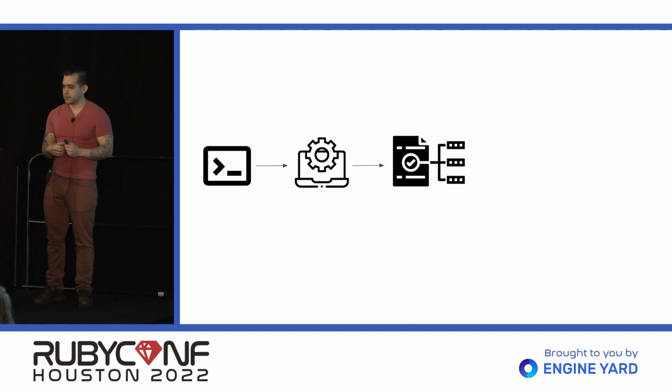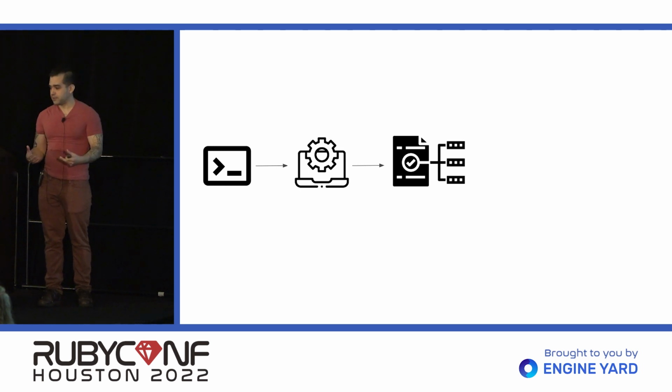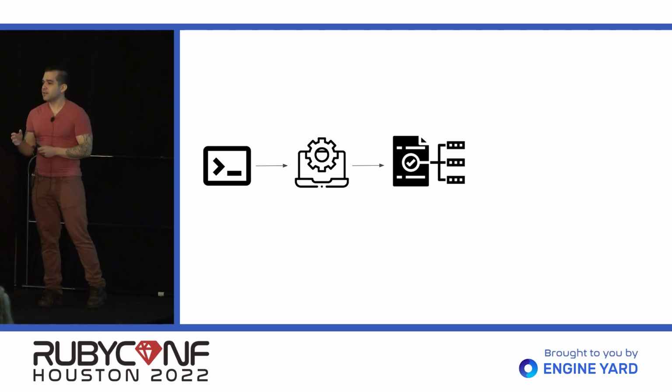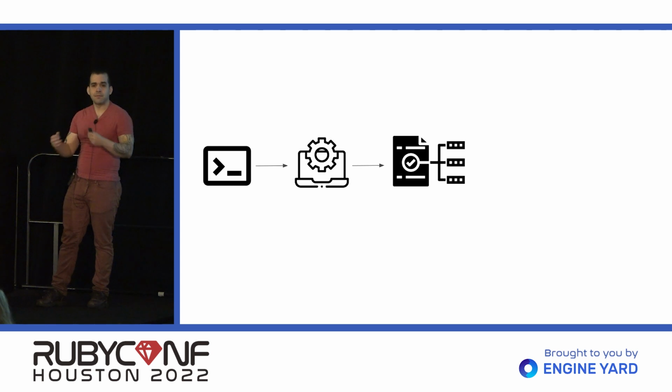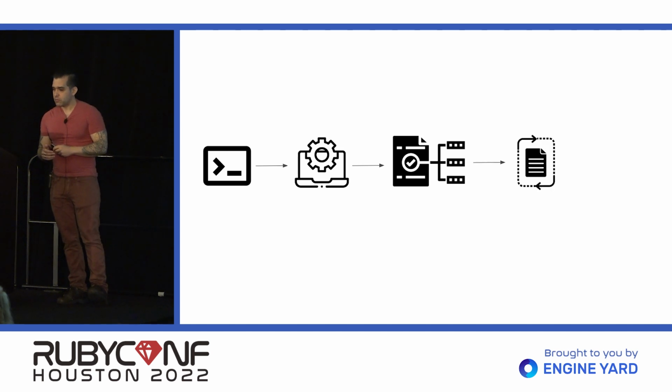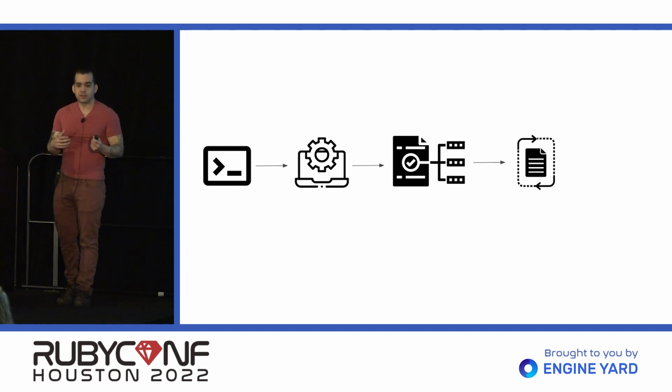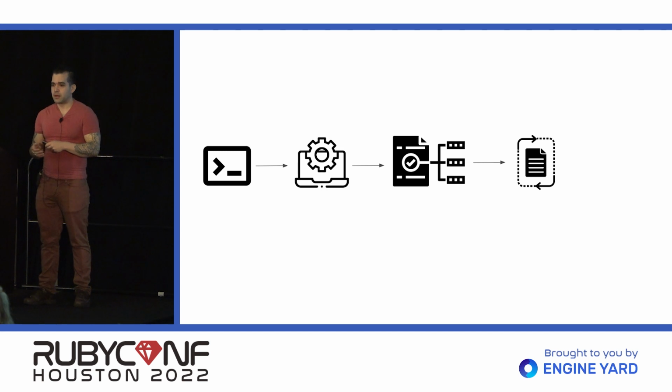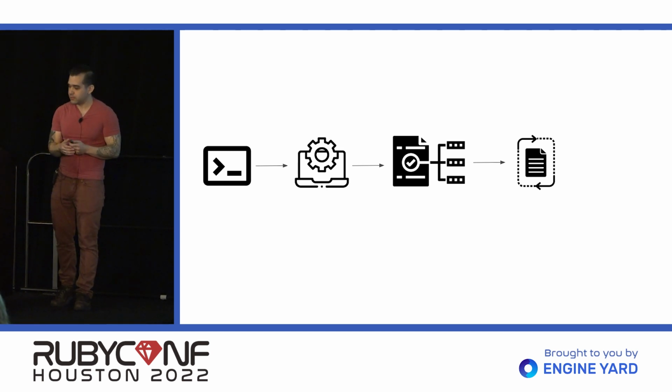At some point, RuboCop will need to process a file. And that is to take a file that exists and do something to it so that it can make decisions about that file and the code inside of it. Once it's processed this code, it will need to run it through a series of cops that will make decisions on whether or not there are any offenses.